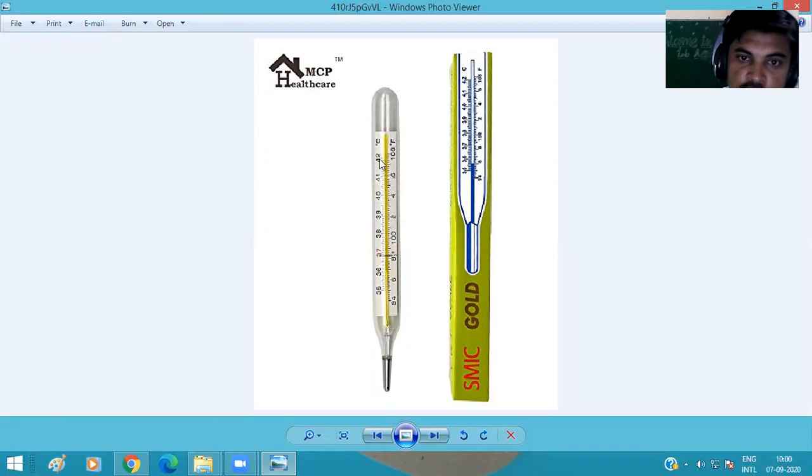From 35 to 42 degrees Celsius is marked on the scale, and in degree Fahrenheit, from 94 to 108. So 94 degrees Fahrenheit is approximately equal to 35 degrees Celsius, not exact.